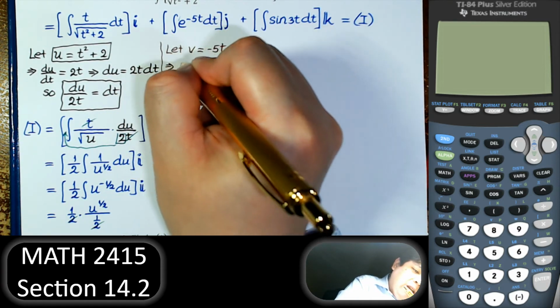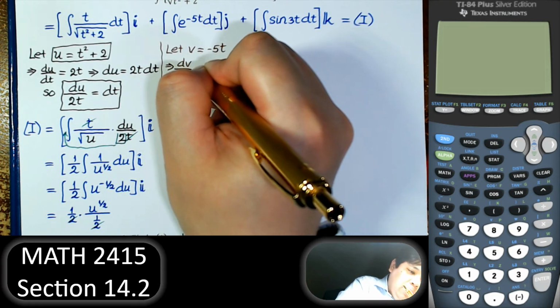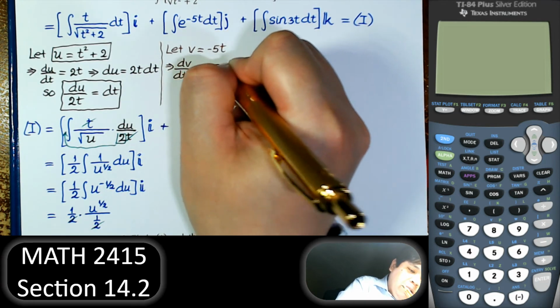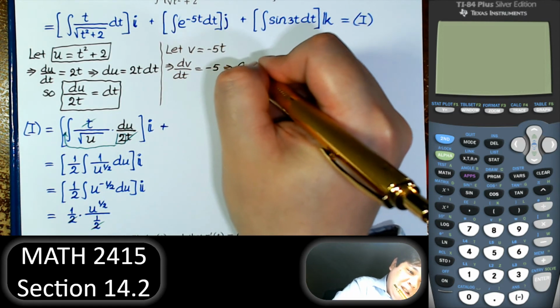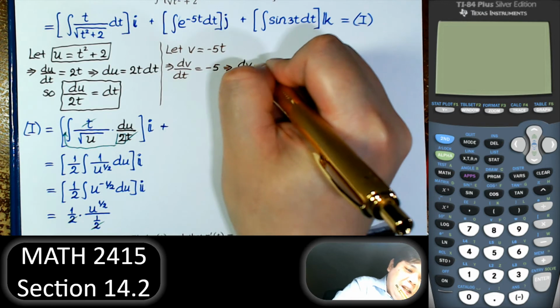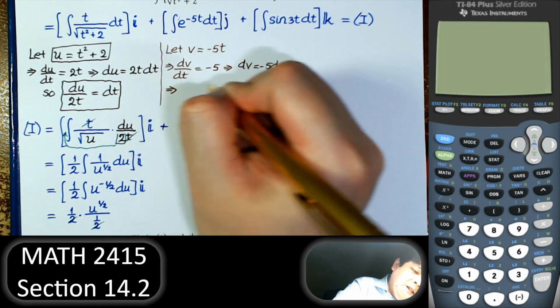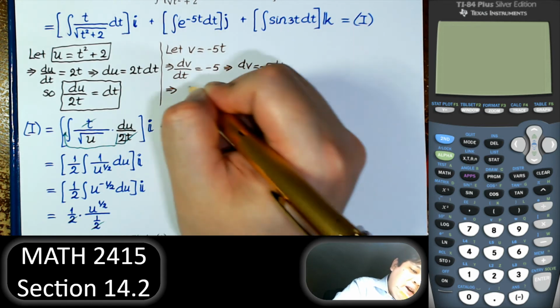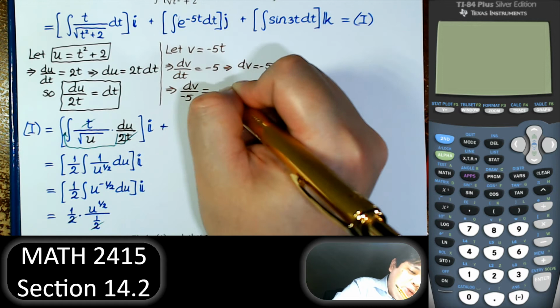And then dv over dt equal to -5. Multiply the dt over dv is equal to -5 dt, and then divide by -5. dv over -5 is equal to dt.